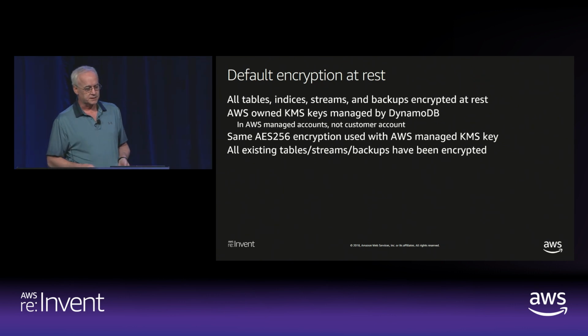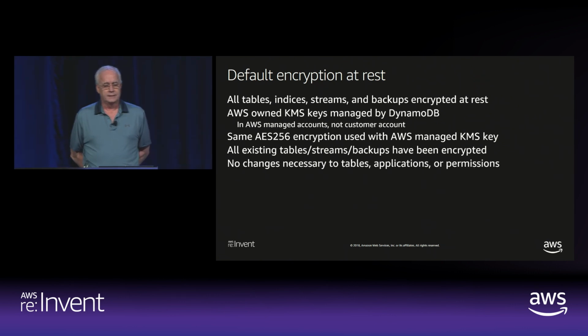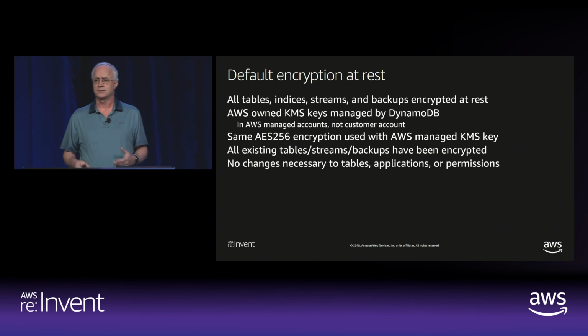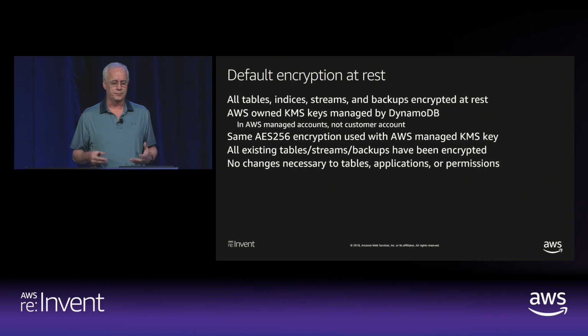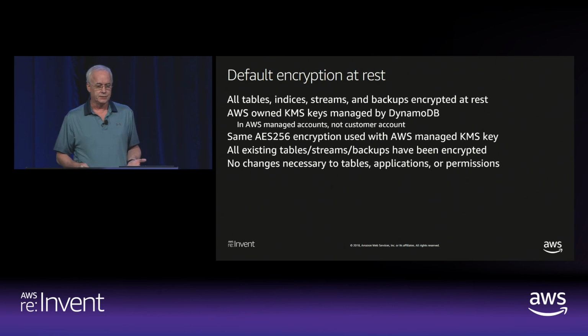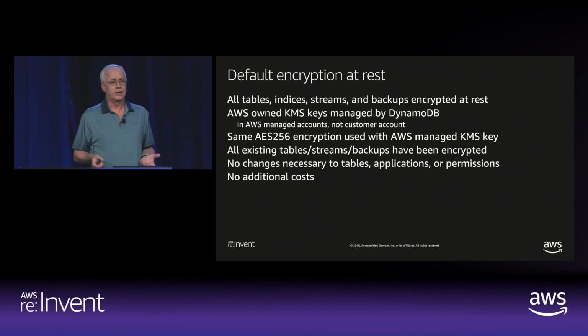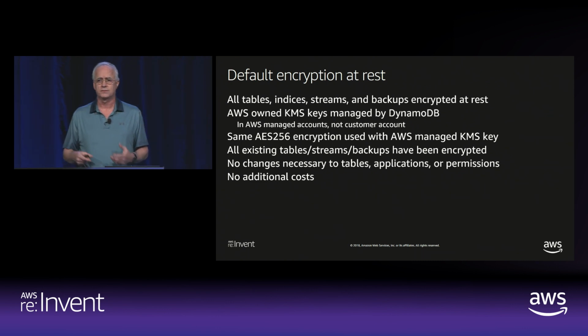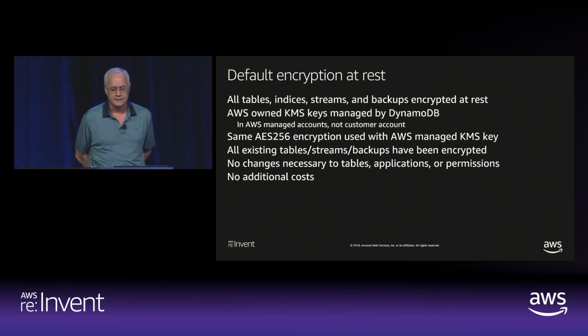So all of that data is currently encrypted. And there's no changes necessary. You don't have to do anything to enable this or to turn it on. It just works, and you're just encrypted. And there's no additional cost, including no change in latency. We were able to achieve this maintaining the existing latency SLA and the availability SLA and not changing any of our latency.